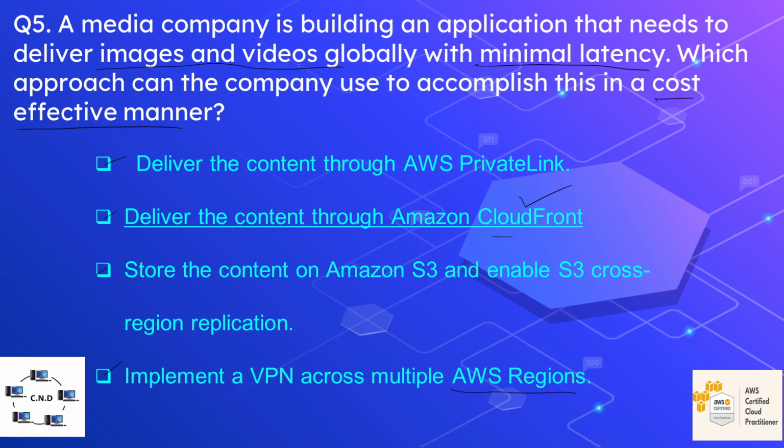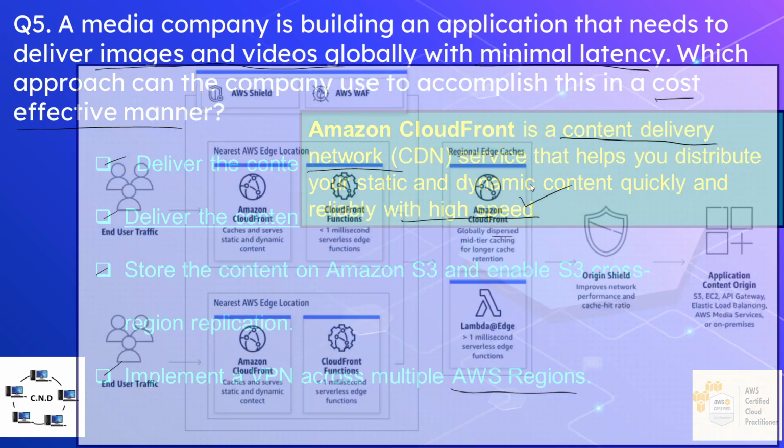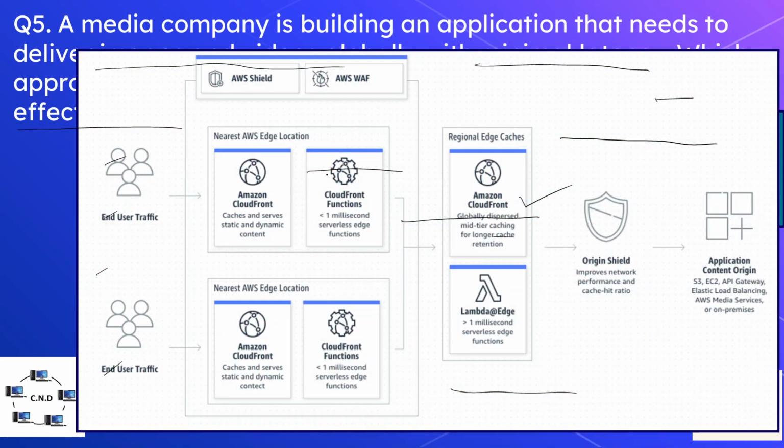So what is Amazon CloudFront? Amazon CloudFront is a content delivery network, or CDN, that helps you distribute your static and dynamic content quickly and reliably with high speed. Let's view it visually. Here, this is a user and user traffic.